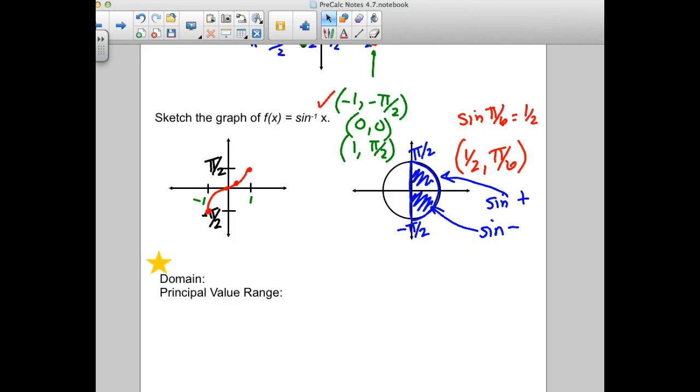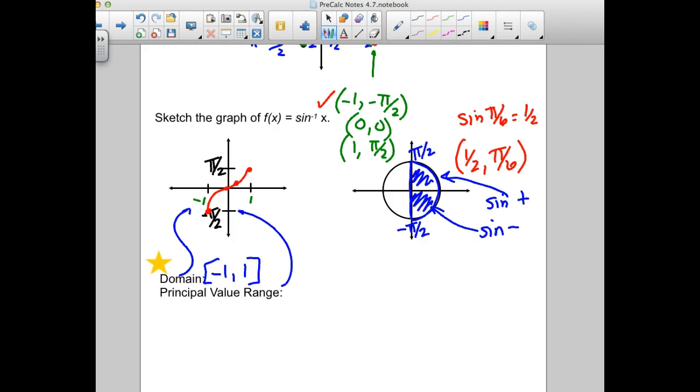Okay? So for our values here, domain are your x's, so we are going from -1 to 1. Range would be our y values, and it's called the principal value range instead of just a range because we are looking at just one little interval of our main sine curve. So our principal value range would be from -π/2 to +π/2.